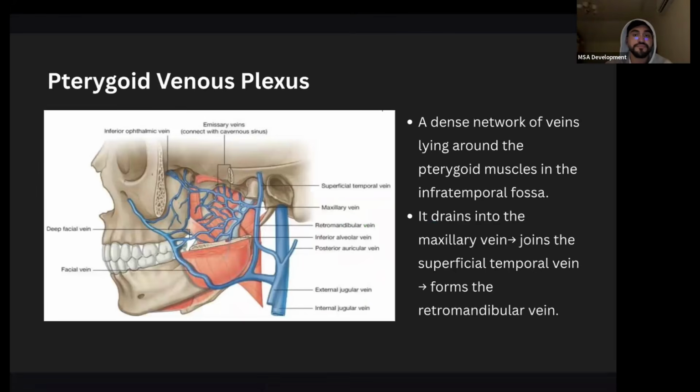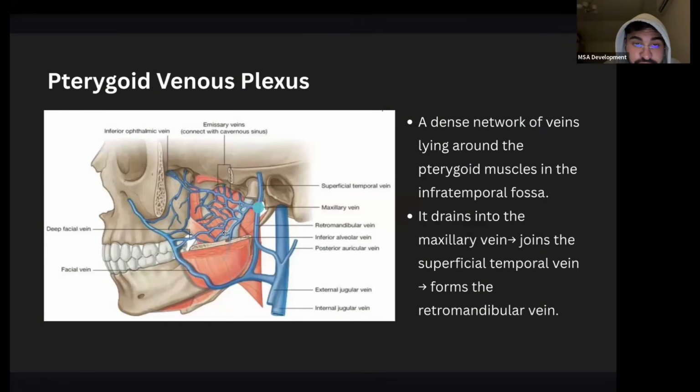Okay. And then we have the pterygoid venous plexus. Basically, this is just a meshwork of veins that happen to lie around the pterygoid muscle in the infratemporal fossa. And basically, all these veins will drain into your maxillary vein right here.